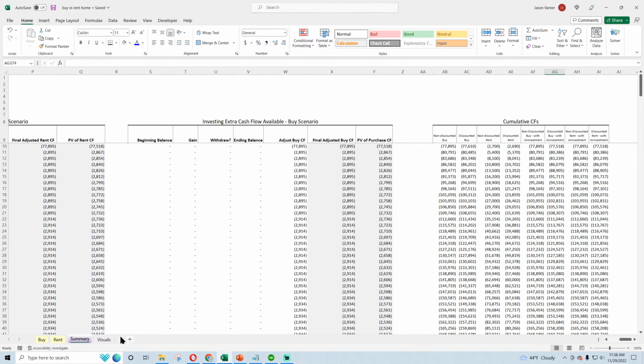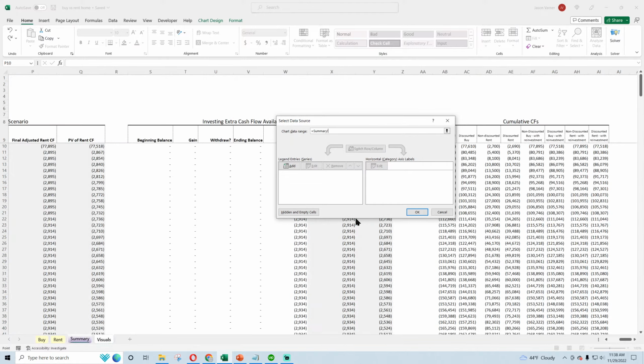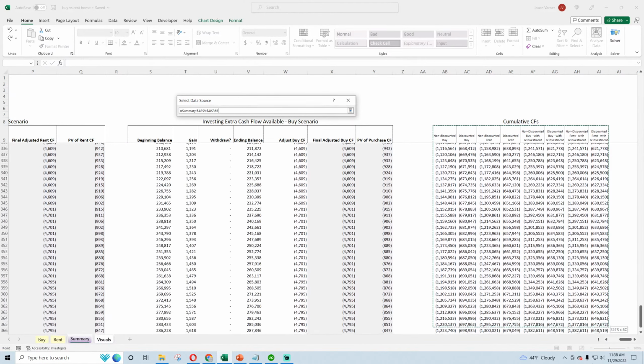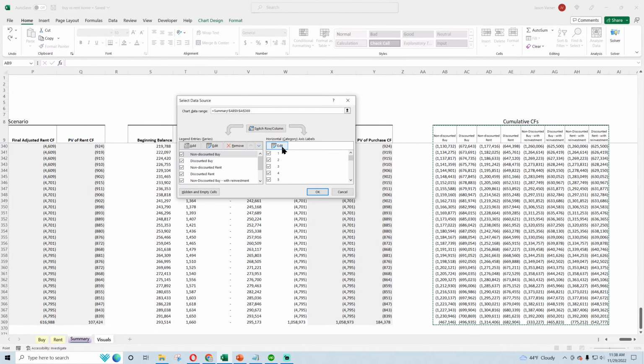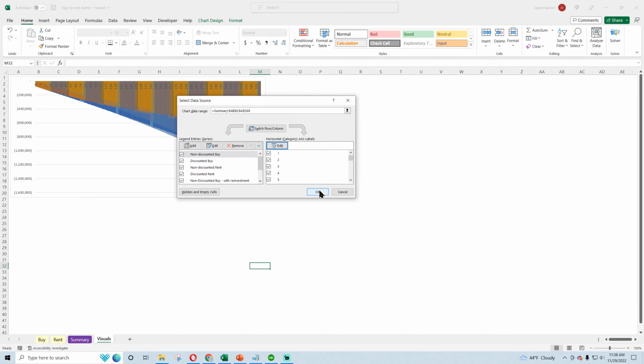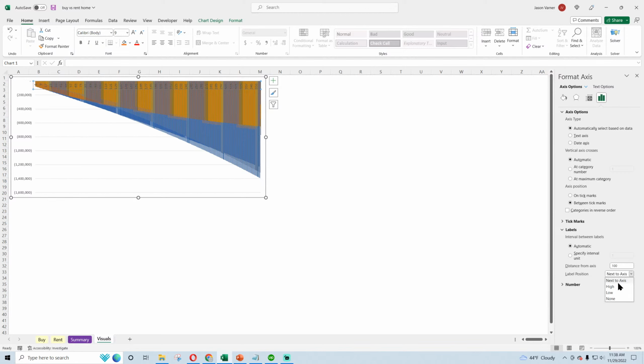So we can compare these. We'll do one big chart that shows all the scenarios in one cumulative line. And oh yeah, that's cool. The periods are just monthly, so that's fine. Let's put these on the low.